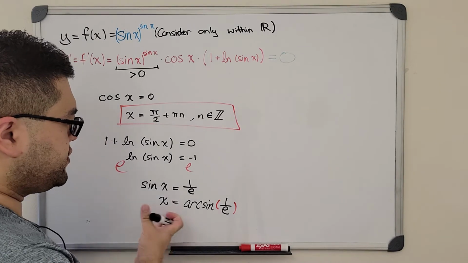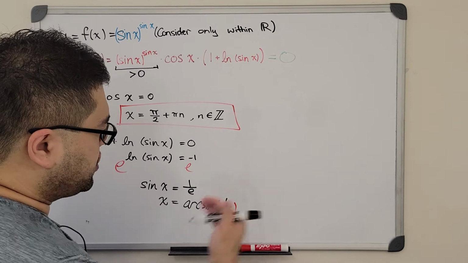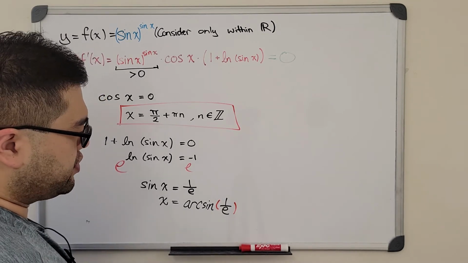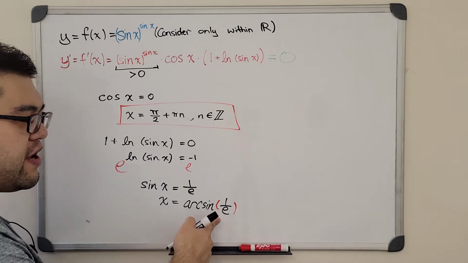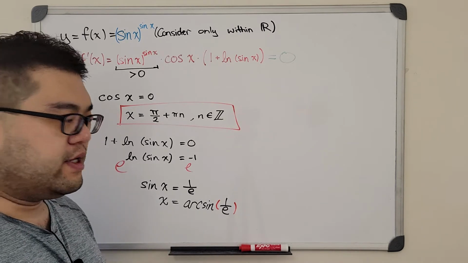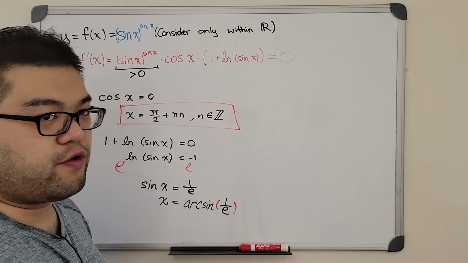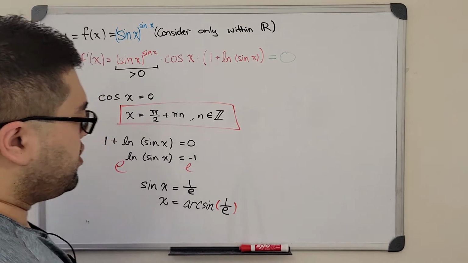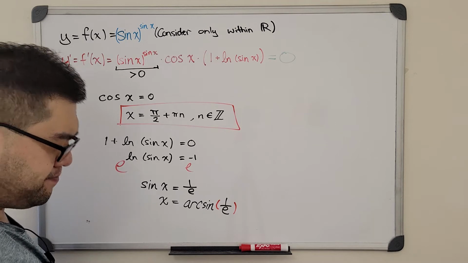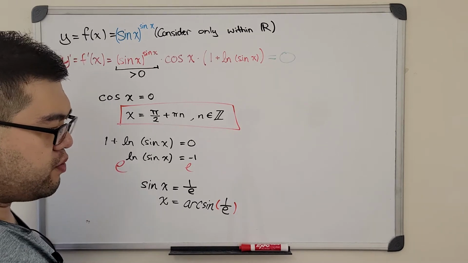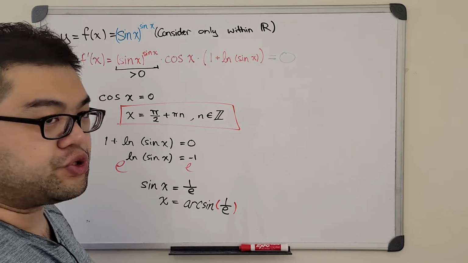And of course, since sine is a periodic function, we are going to add some other things in order to get other values. By definition, arc sine is between negative pi over 2 and positive pi over 2, and if the value inside of the arc sine function is positive, we know that it'll give us something between 0 and pi over 2.